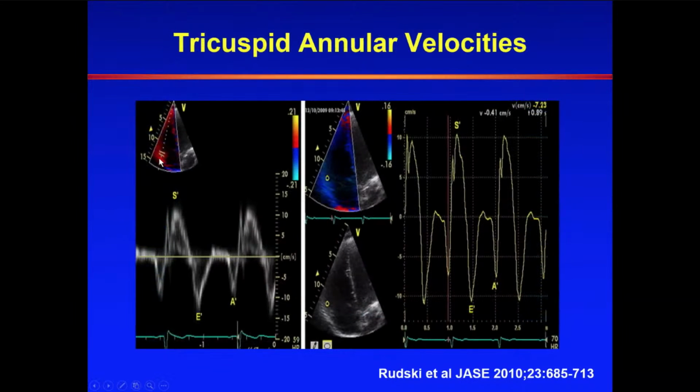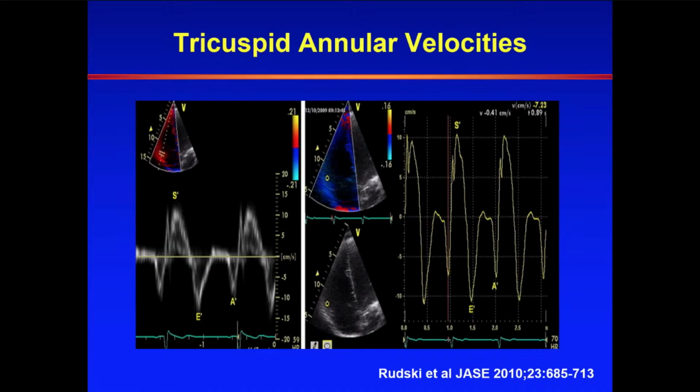Other measurements that can be looked at that also reflect tricuspid annular systolic motion is the systolic velocity, which you can record by pulse wave Doppler or by color Doppler. Nowadays, we do not use color Doppler. The main advantage of using color Doppler is if you wanted to compare velocities in two regions of the ventricle in the same cardiac cycle, you can do that.